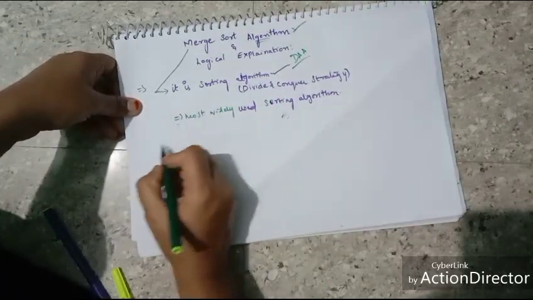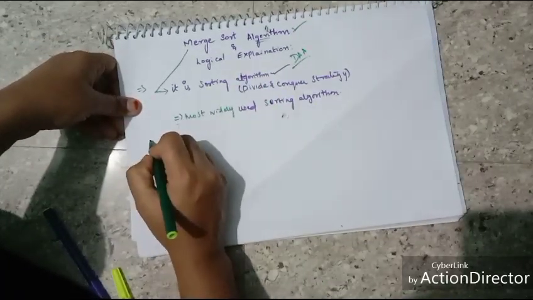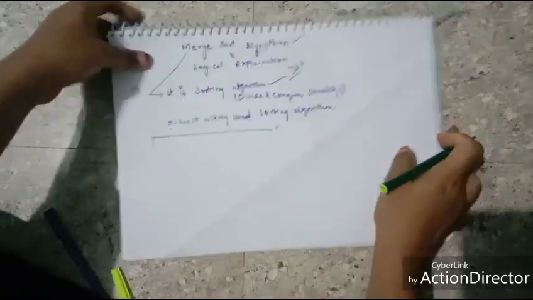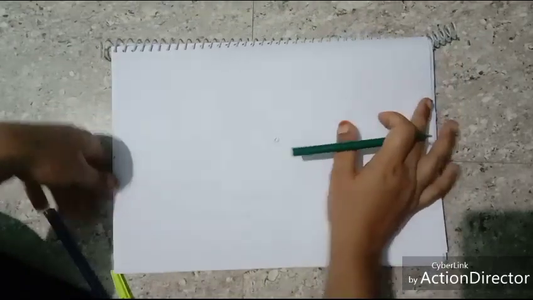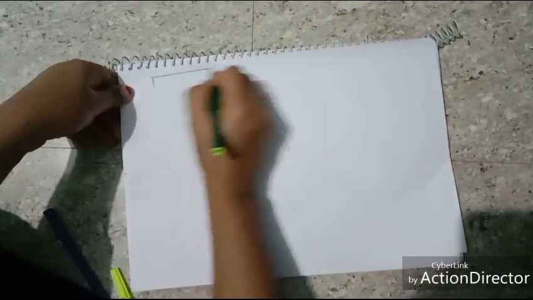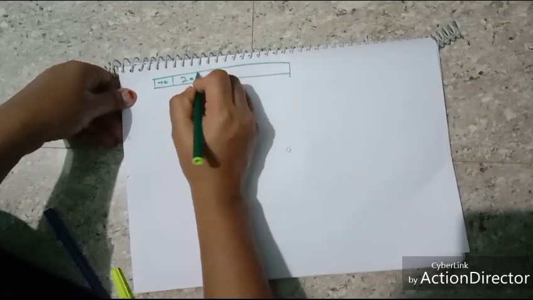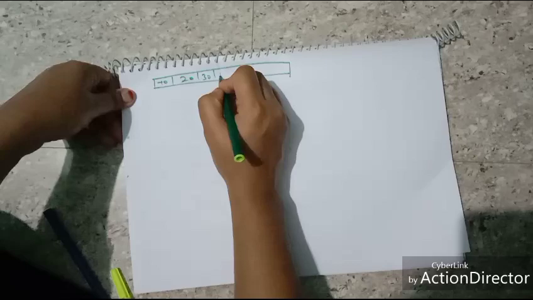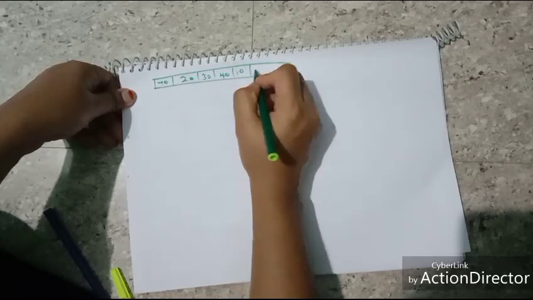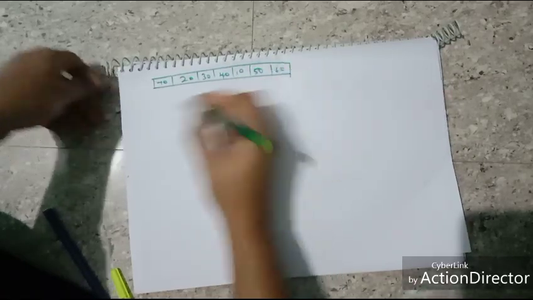Let us consider the array list, which consists of more than one element: 20, 30, 40, 10, 50, 60.